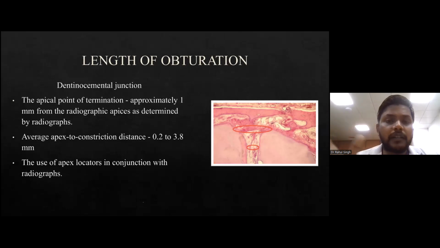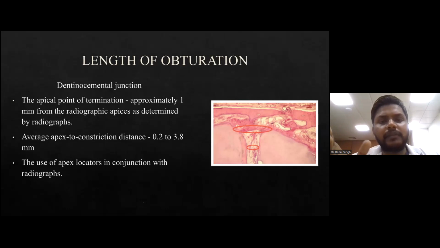So combining all these points, we say in the journal that on a 2D radiograph, our obturation should be within 1 mm from the radiographic apex. And also the use of apex locators in conjunction with the radiograph.